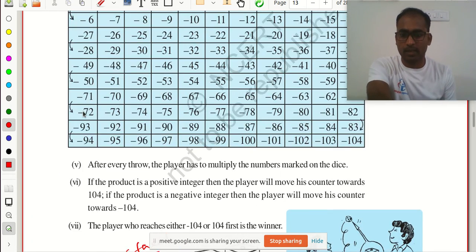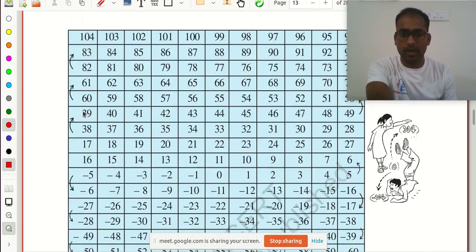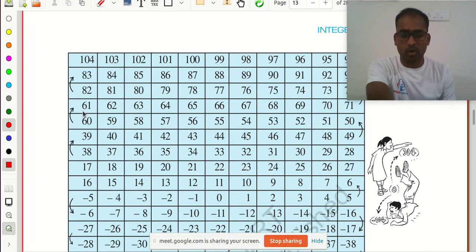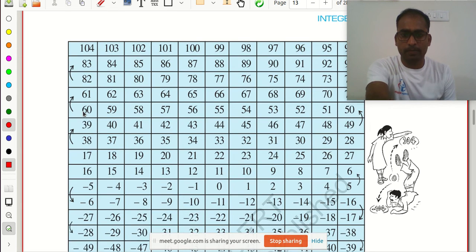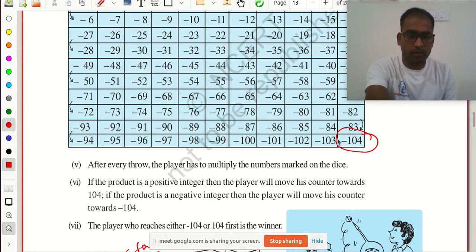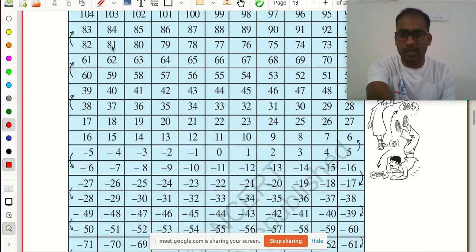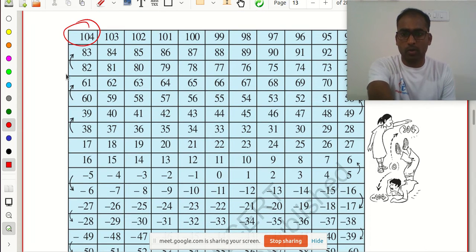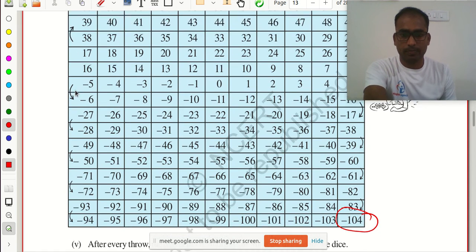Depends, we can set the numbers. And here we just drew one table, with numbers starting from minus 104 to 104. It starts from minus 104 and ends at 104.